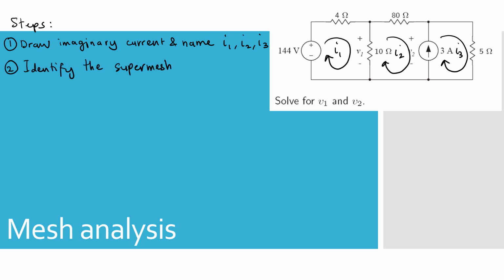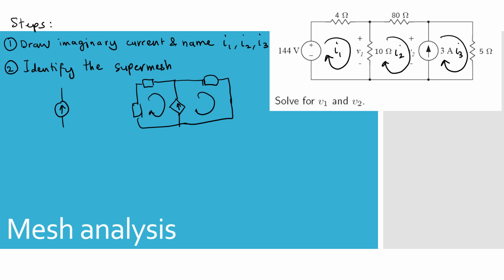Second, we need to identify supermesh. Supermesh is when you have a current source, whether independent or dependent, in between two closed loops.